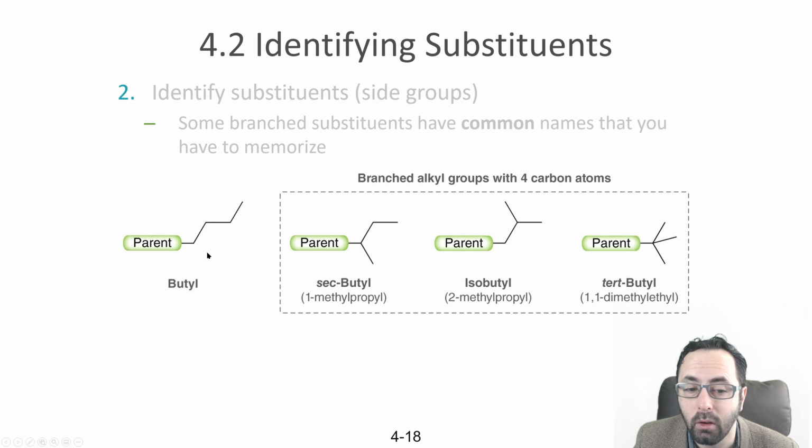These are the ones associated with butyl. So a butyl branch would contain 4 carbons in a row, like we see on the left here, 1, 2, 3, 4. However, it's possible that it could branch in different ways. And so here, instead of the parent being attached to the carbon on the end, here it's attached to the first carbon.